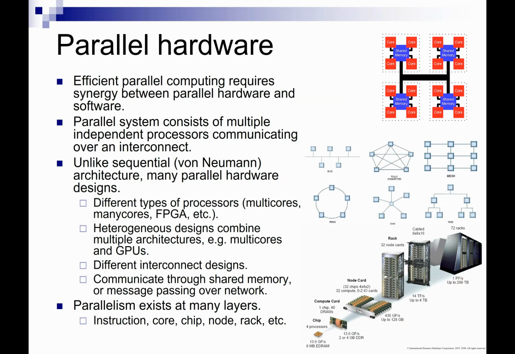We start out with a single chip, and the chip has within itself parallelism at, for example, the instruction level or the core level. We can put several of those chips together into a processor and put that into a card. Then we can take several of these cards and put them together into a node. We can put multiple nodes together into a rack, and then combine multiple racks into a big supercomputer. I'll go through more about this process later when I show you more details about the design of a particular supercomputer, the Tianhe 2 computer.